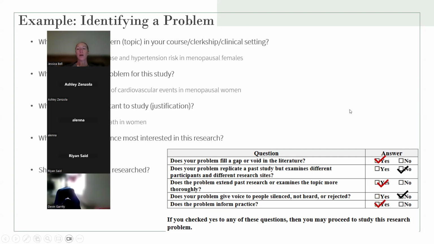Does the problem inform practice? This is where this work could inform guidelines. If you have a patient that's perimenopausal or menopausal, do you need to adjust the threshold at which you're looking at or addressing hypertension?